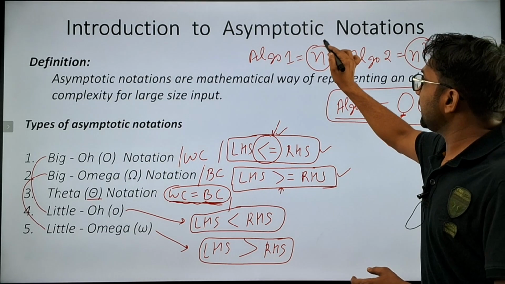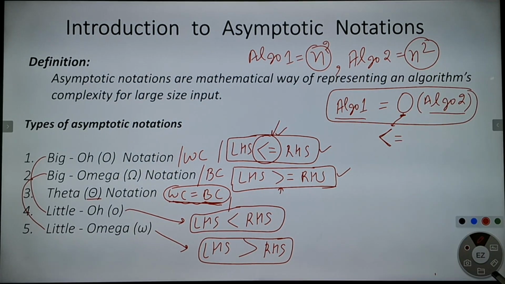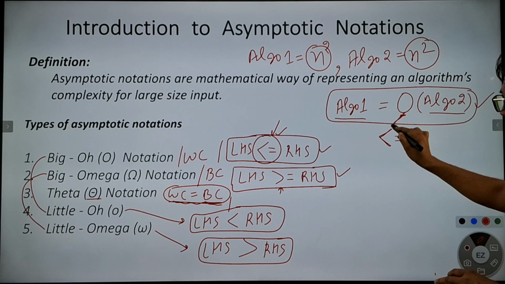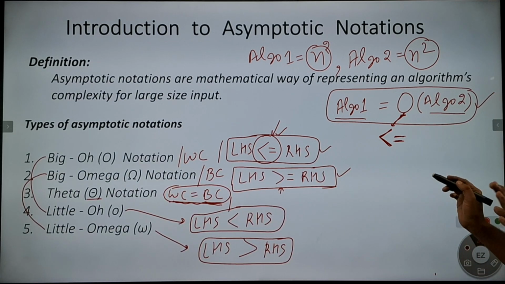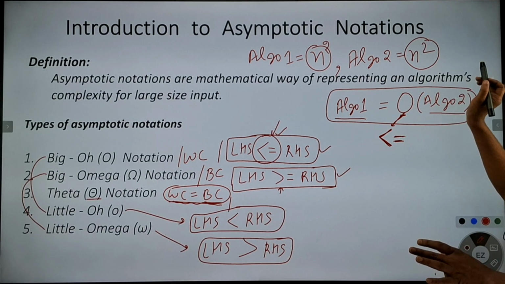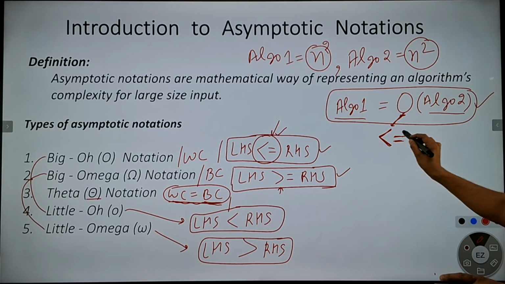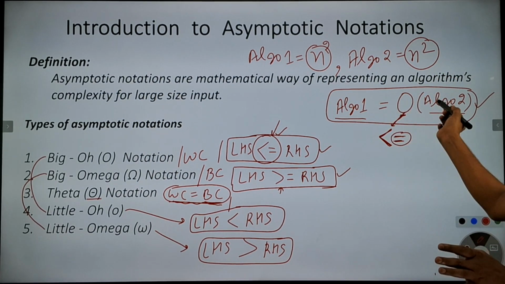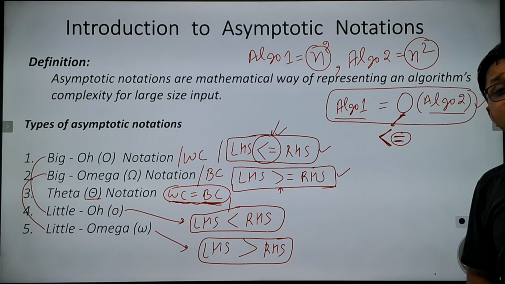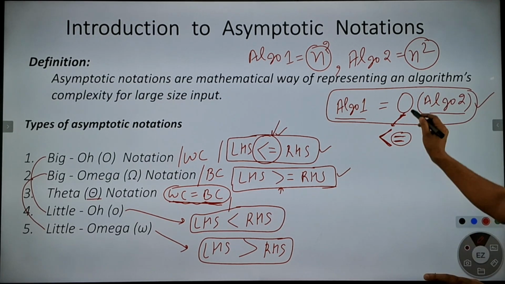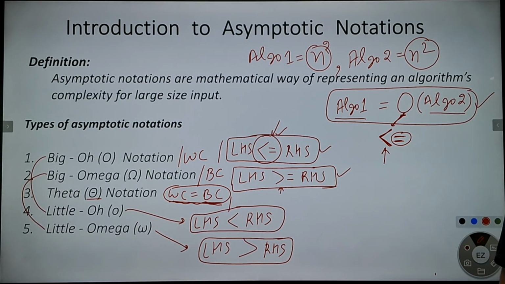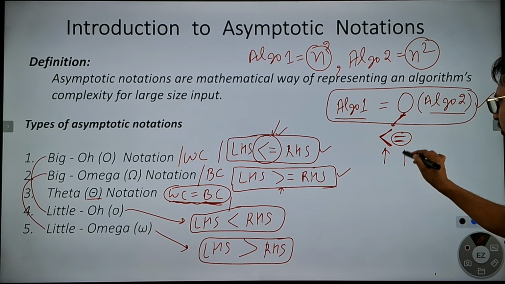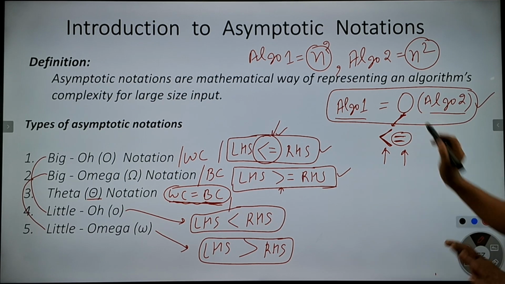Even if I write n square here, this relation is still fine, because we can replace big O with either of these relations. If any one relation is satisfied, then I can use big O notation. So I can represent the relationship between algorithm 1 and algorithm 2 with big O notation, because it allows the right hand side to be greater, or it might be equal also. In both cases we can use big O notation.